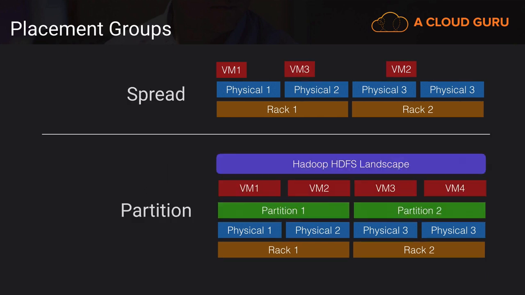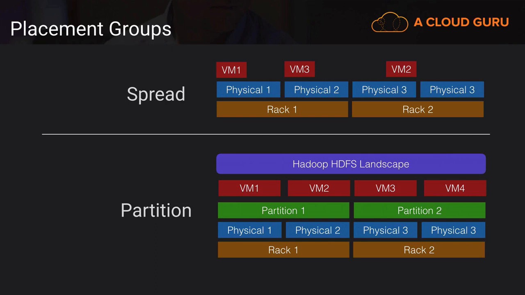Now, partition placement groups are sort of the evolution of spread placement groups. Let's say you have a pretty large distributed application that has maybe 50 underlying instances. By using a spread placement group, each instance would theoretically be placed on its own set of unique hardware. And this gets really kind of crazy if we're thinking about maybe 100 or 500 instances. So rather, we can group instances into logical partitions and have those placed on separate racks.